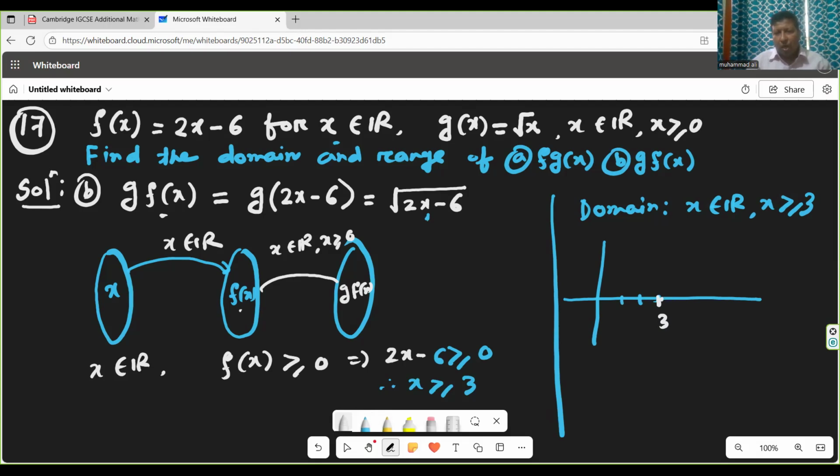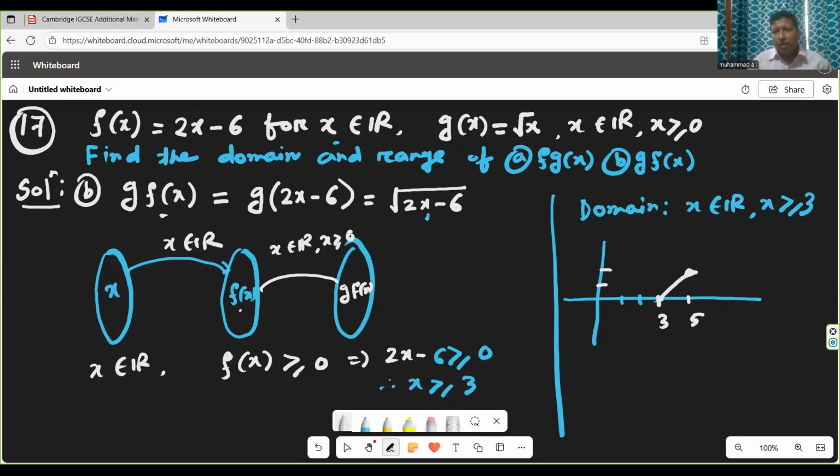When you put x value 5, 2 fives are 10, 10 minus 6 is 4, the square root of 4 is 2.